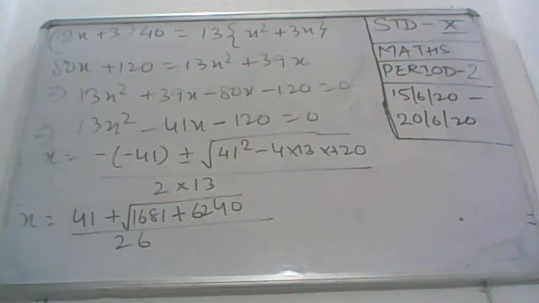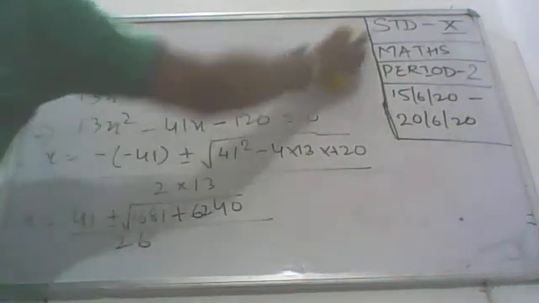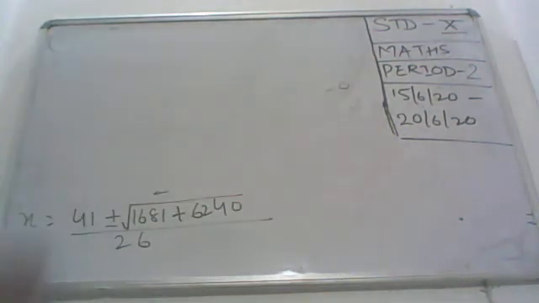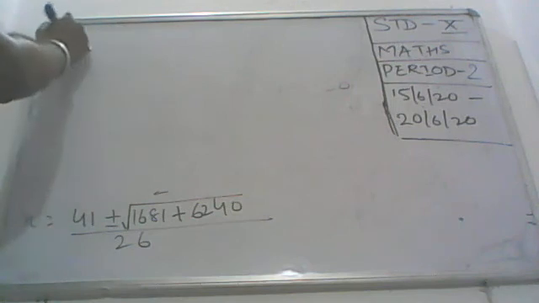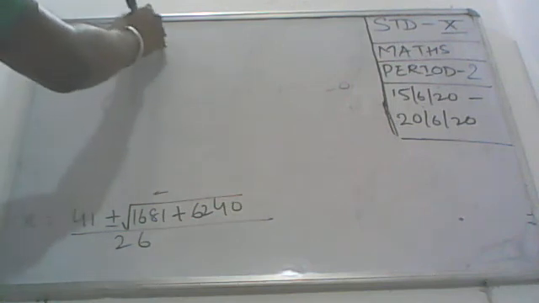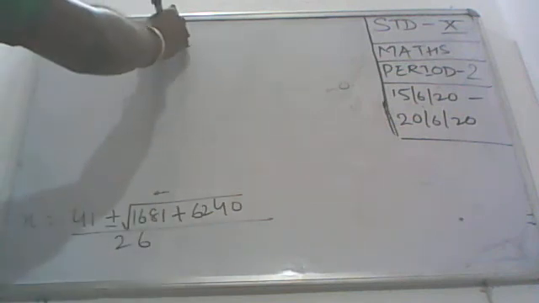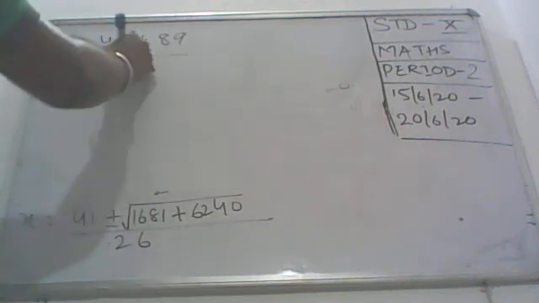So now finally we are getting our answer: x is equal to 41 plus minus, and together the sum is 89 by 26.